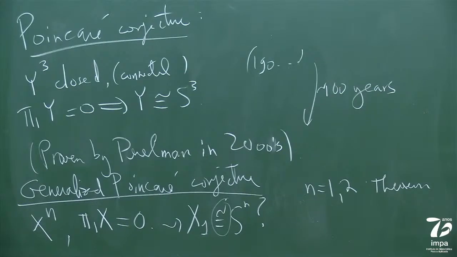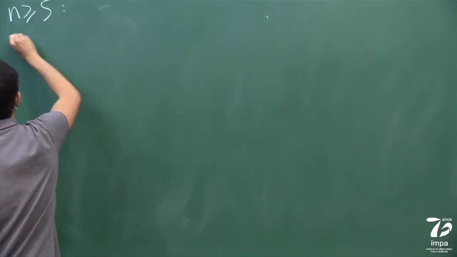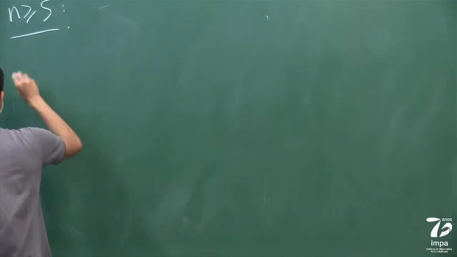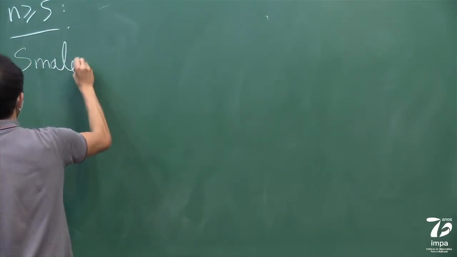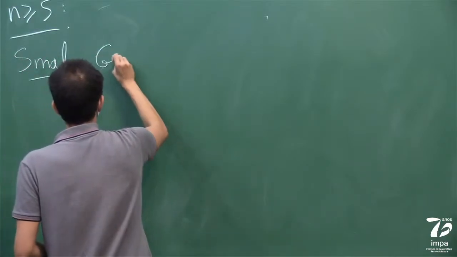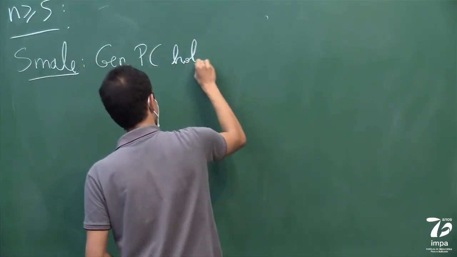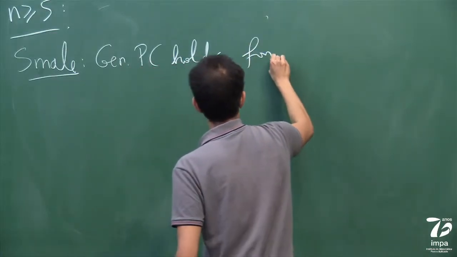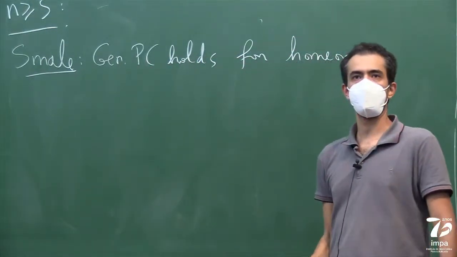But in higher dimensions, if n is greater than or equal to 5, it's actually proven, and this is due to Smale, that the generalized Poincare conjecture holds for homeomorphism.